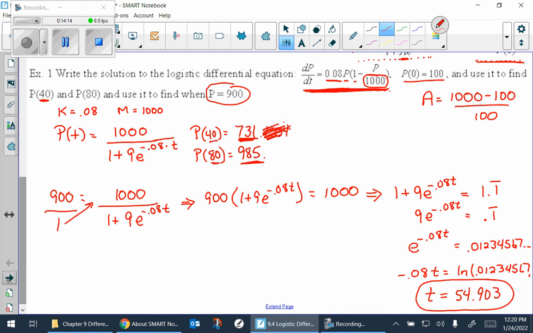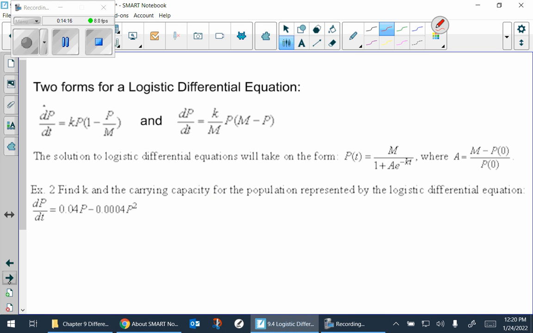Now let's go to one more example. Again, we have the two forms of the logistic differential equation, and it's something that right before the AP exam, I'm going to try to cram into my head if there's any room left in it.